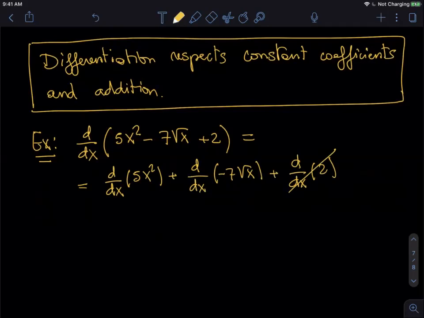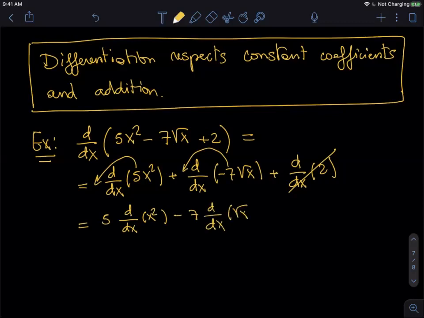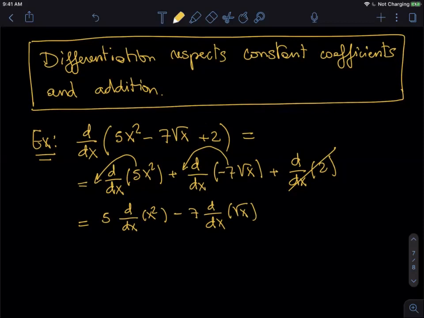And now respects constants. That means that these constants here, we can pull them out. So this is 5 times d/dx of x squared minus 7 d/dx of the square root of x. And these we already computed, but they are simpler. So the trick here is to break the formula into smaller pieces until we find something we know the formula for.